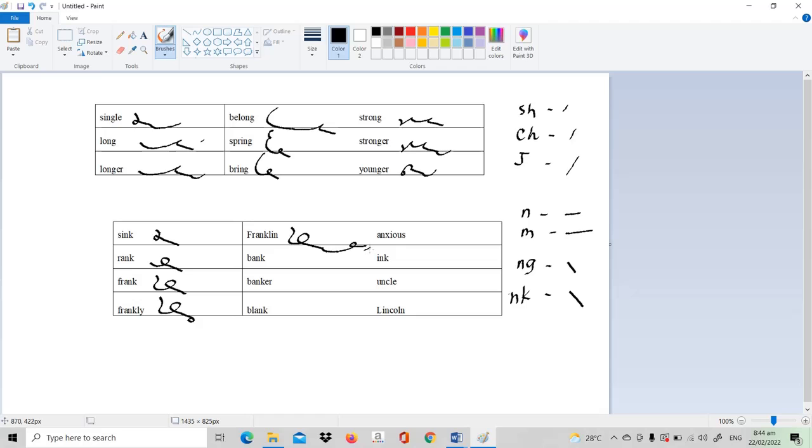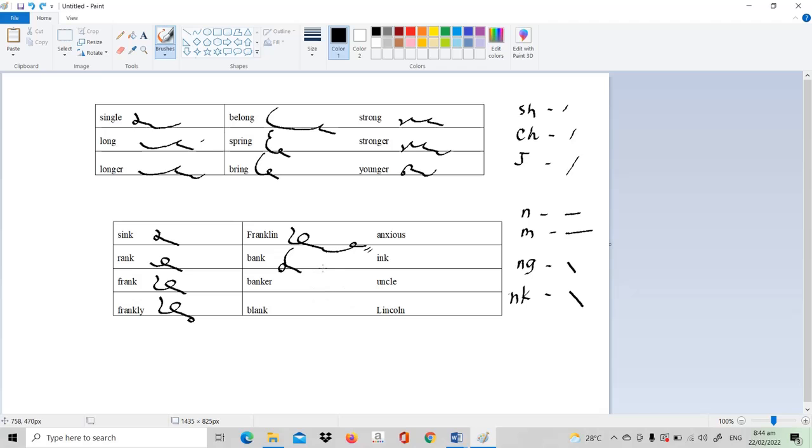F-R-A-N-K-L-E-N. Capital symbol. Okay. Next is bank. B-A-N-K. Bank. Parang letter L lang. Next, banker.